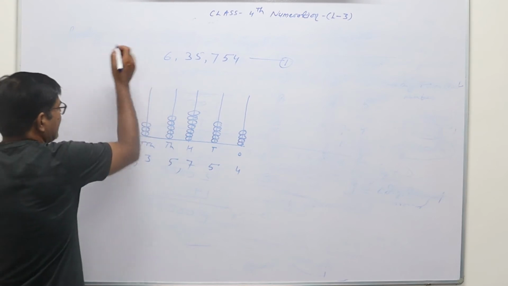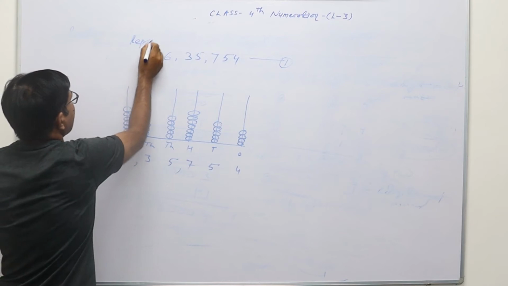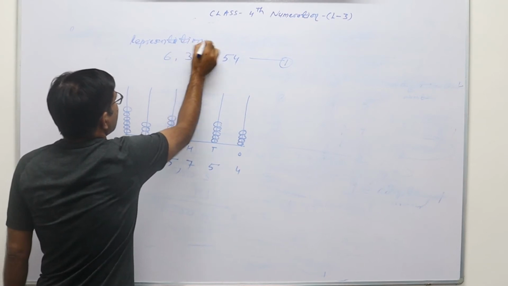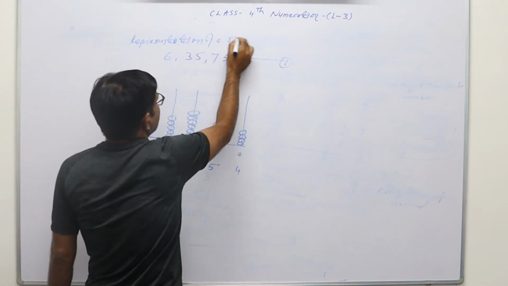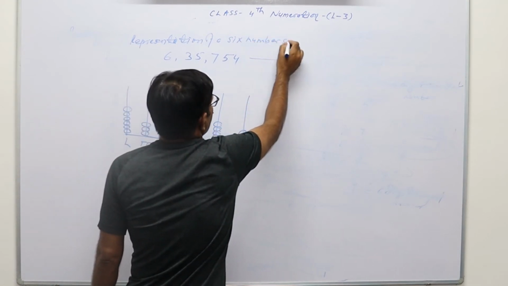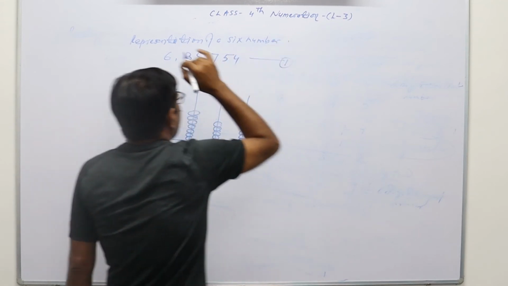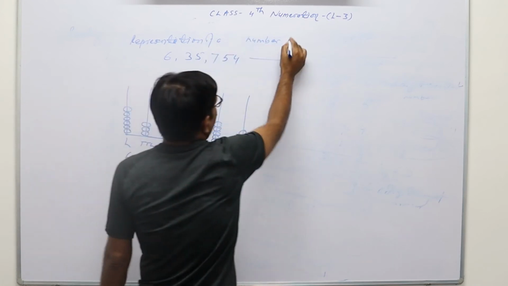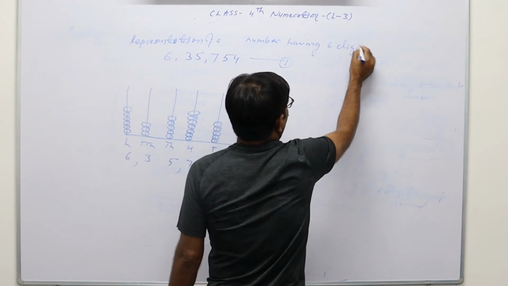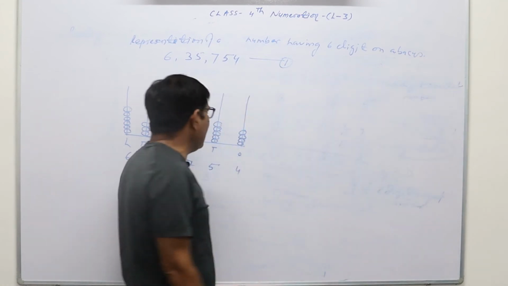So this is the representation of a number on the abacus, the representation of a number having 6 digits on the abacus. So in this way you can represent.